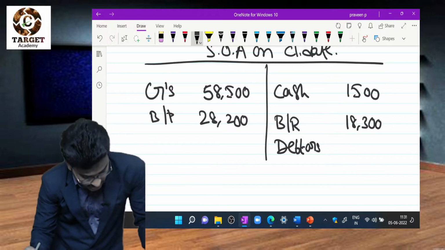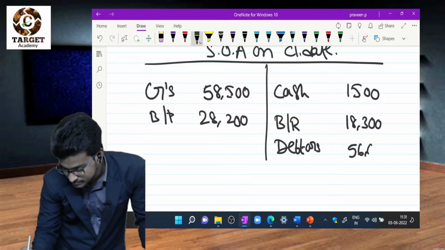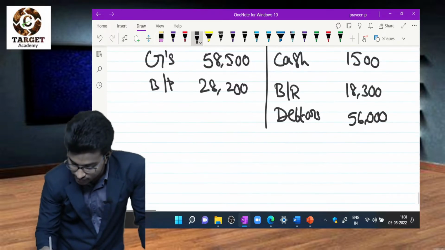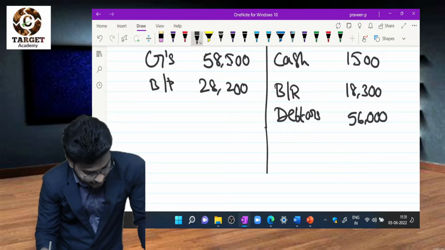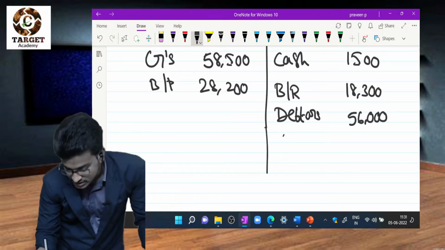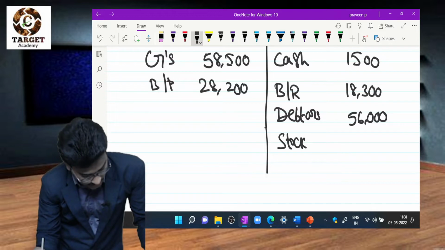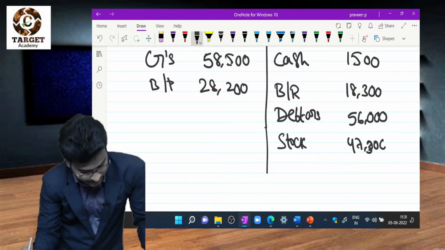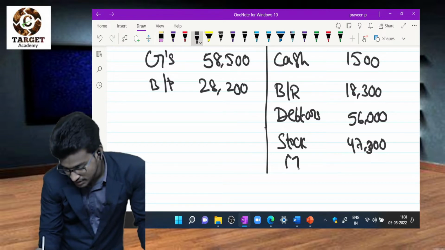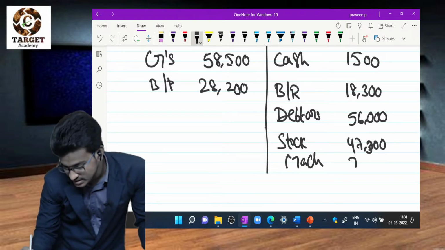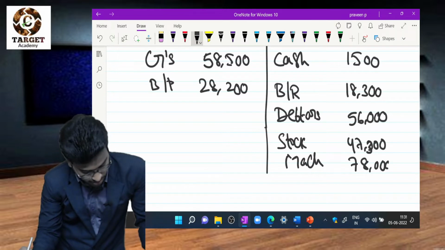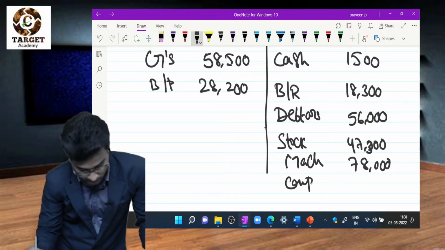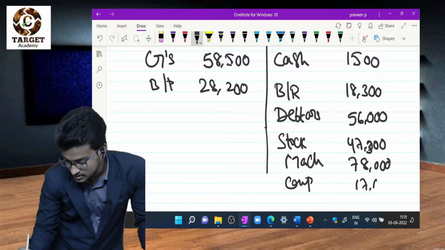Debtors how much? 56,000. Simple concept, just focus on it. Next one, after debtors, stock. Stock is 47,300. Correct? Next one, machinery. How much machinery? 78,000. After that, computer 17,000.